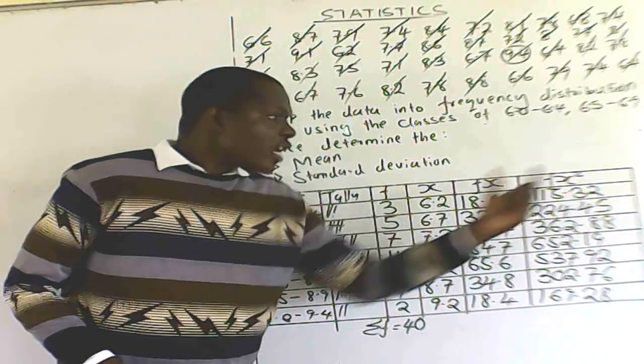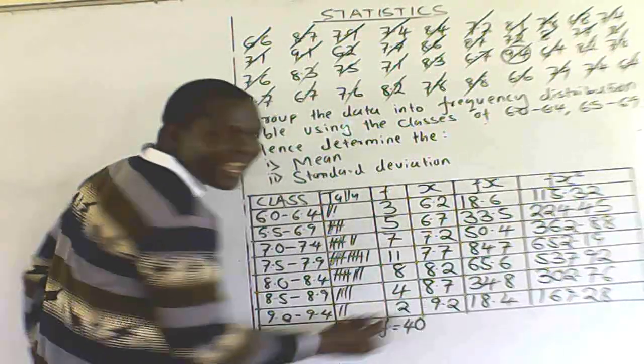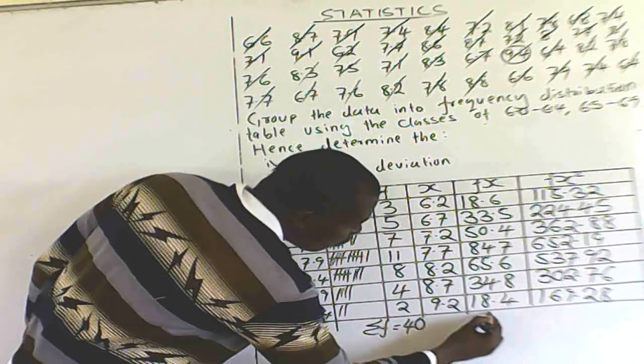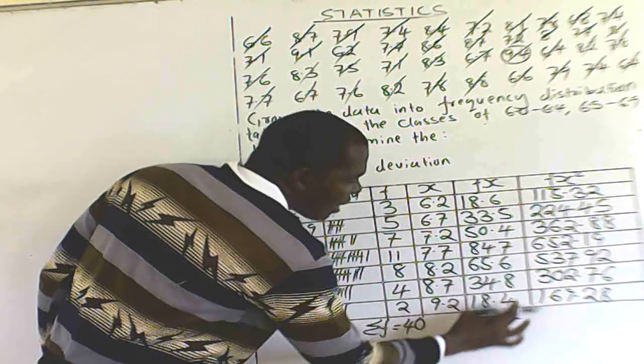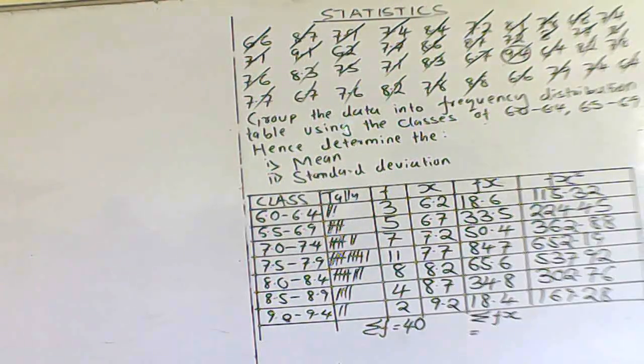So we've gotten all the fx squared. Now what do we need? We need to add up all fx, isn't it? So what do you get if you sum up all fx? Can you add them up?